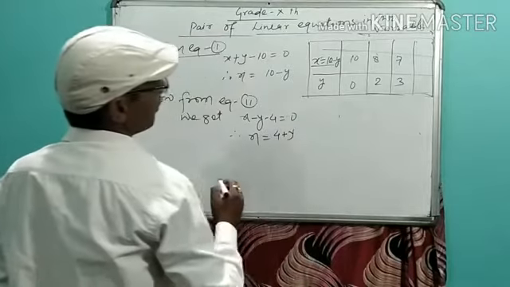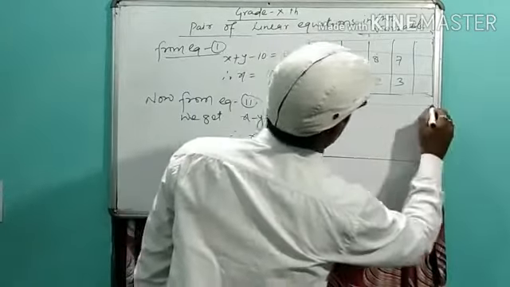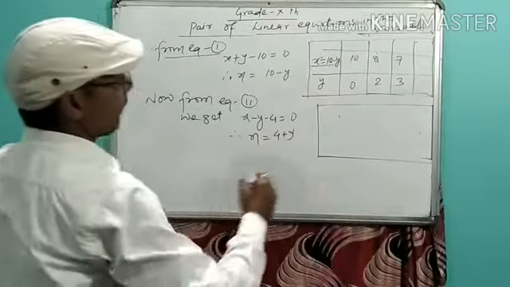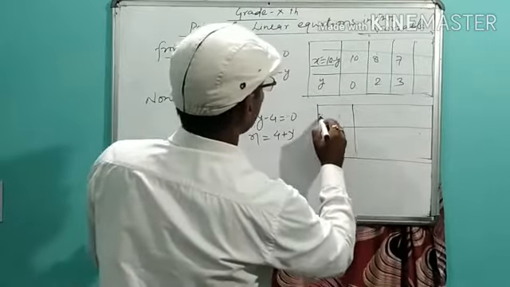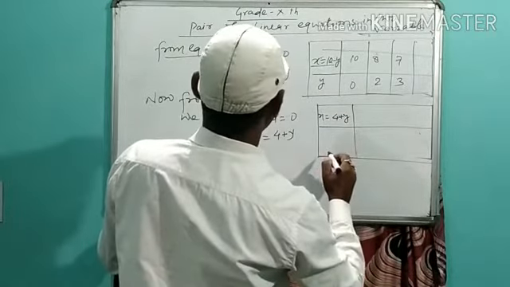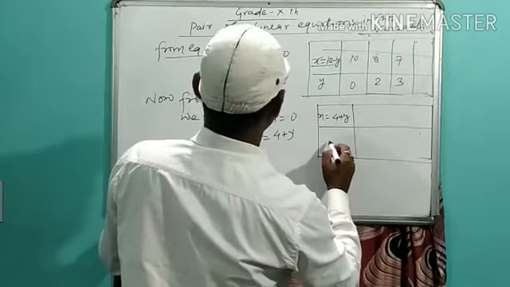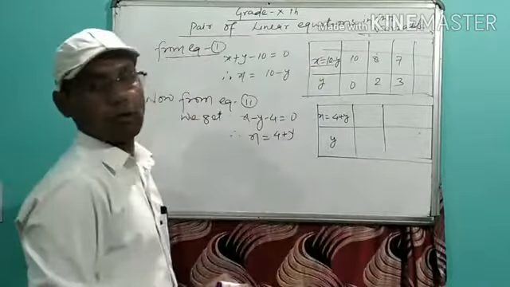So here x is equal to 4 plus y, and here is y. One by one we will take the value of y.